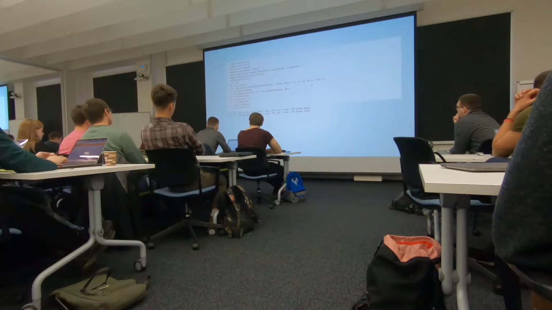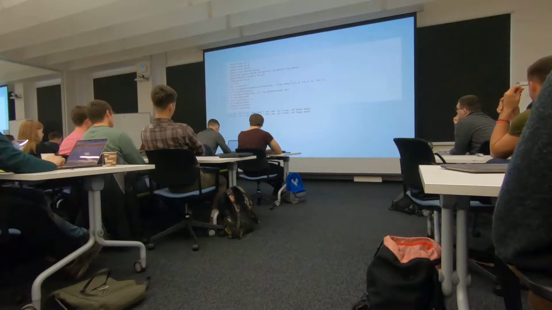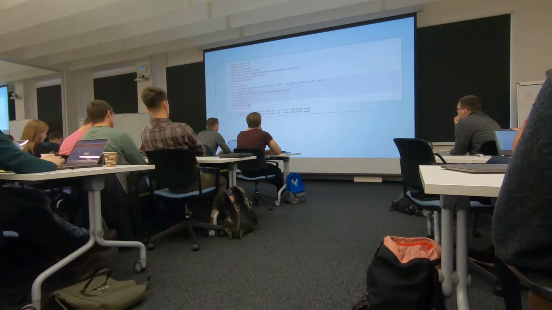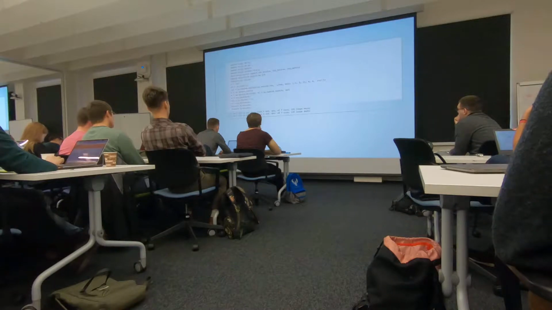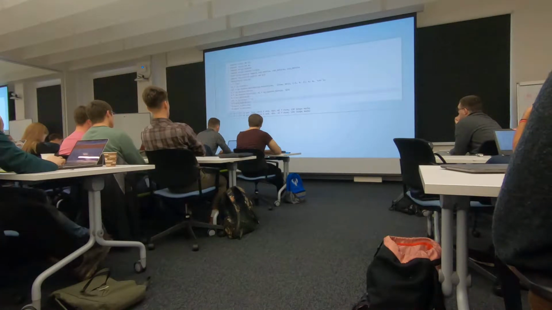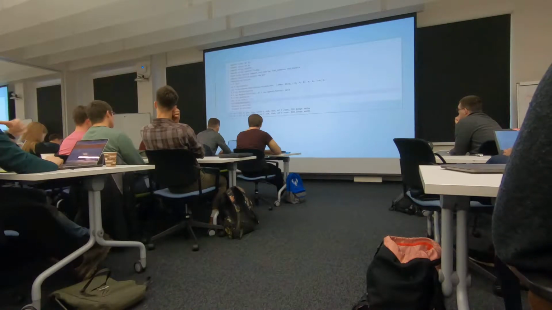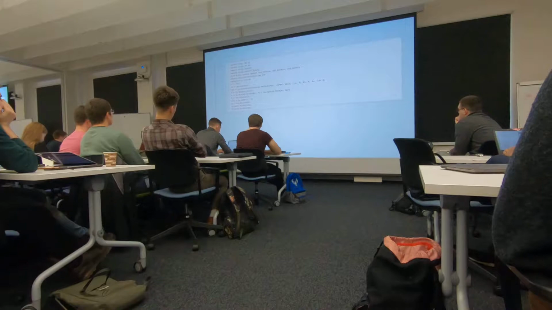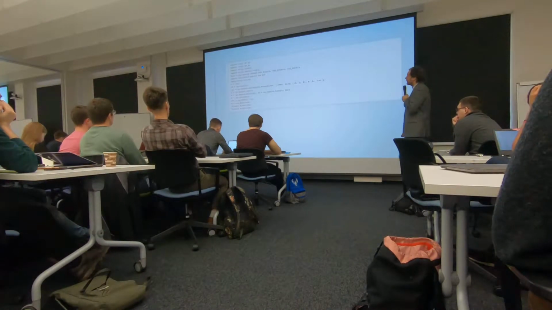So consider again the two-dimensional Laplacian case. Now we take a large example. We make a matrix in the coordinate format and a CSR matrix, compressed sparse row format, and we compare how fast each of them is.